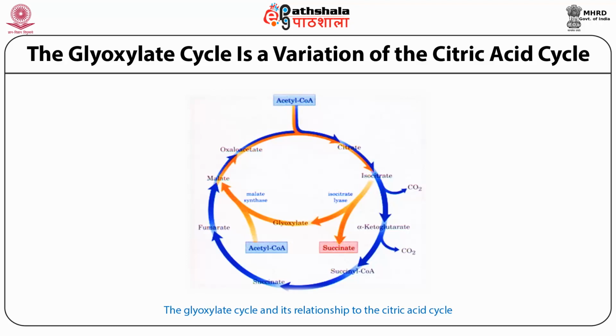Notice that the glyoxylate cycle bypasses the two decarboxylation steps of the citric acid cycle, and that two molecules of acetyl coenzyme A enter the glyoxylate cycle during each turn, but only one enters the citric acid cycle.